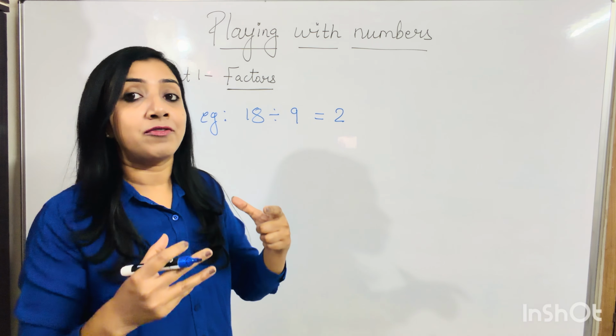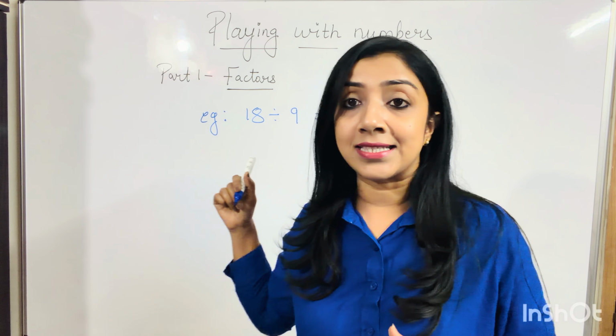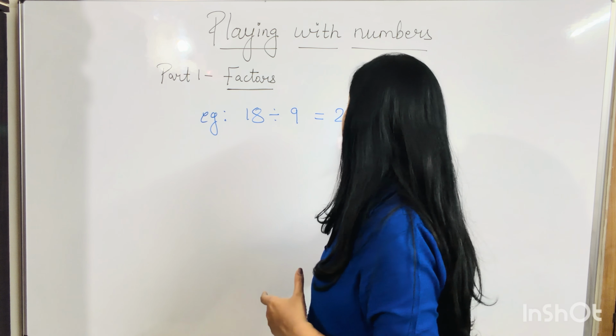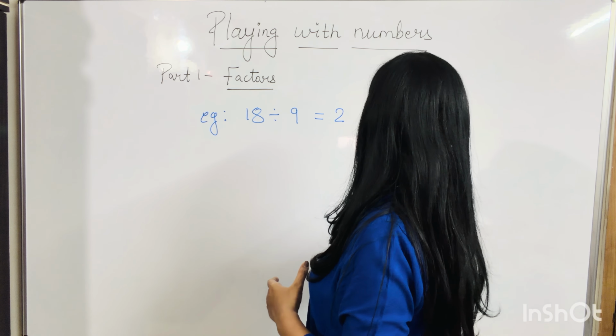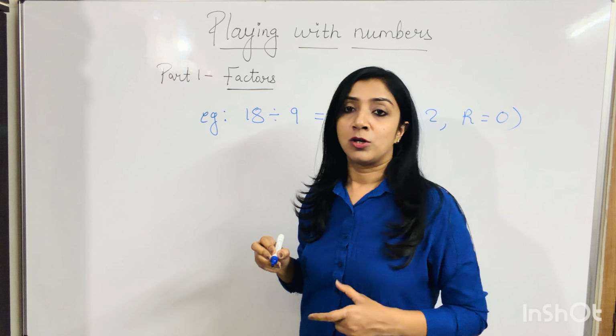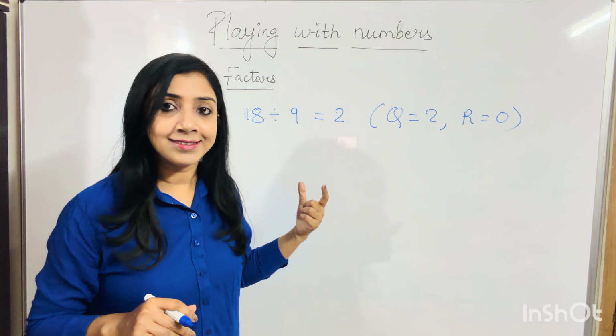So when we are dividing 18 by 9, our quotient is 2, but our remainder is 0. So can we say that 9 is a factor of 18?